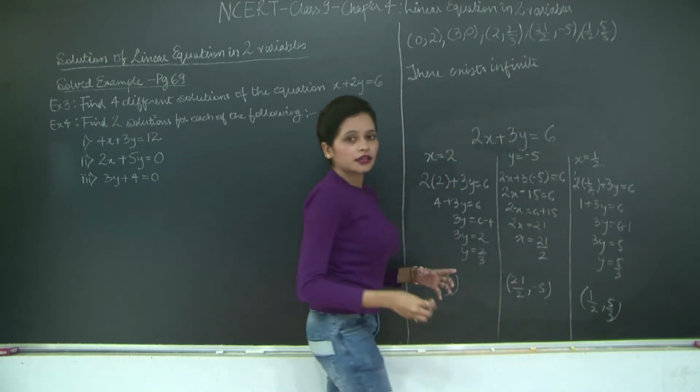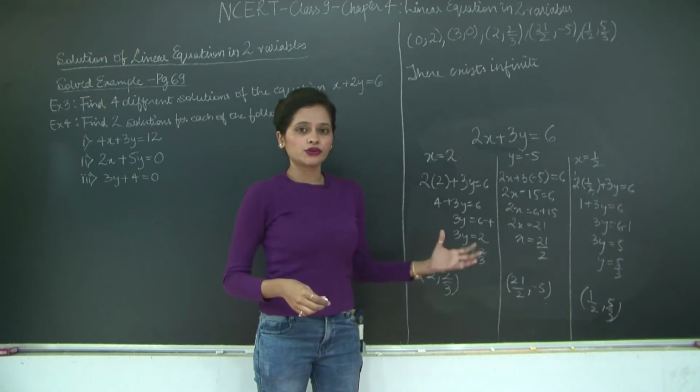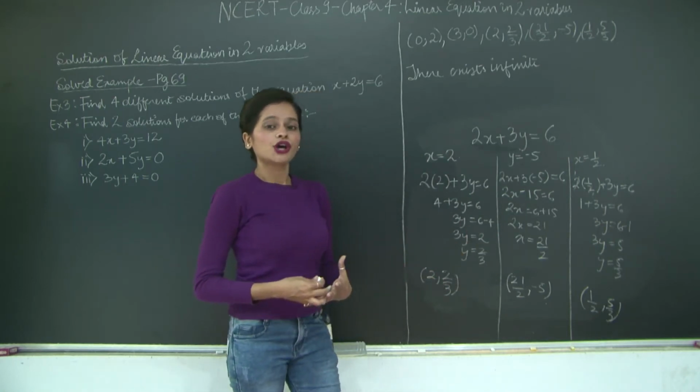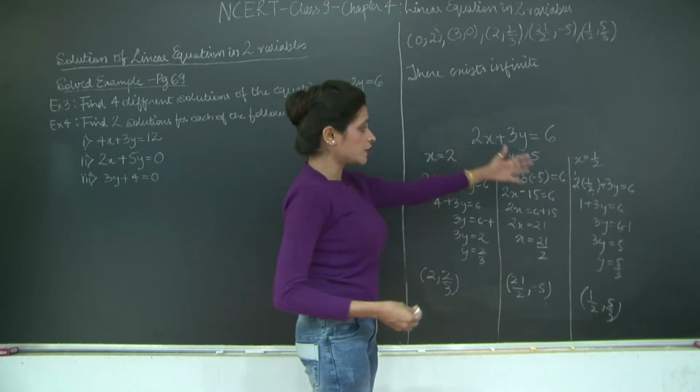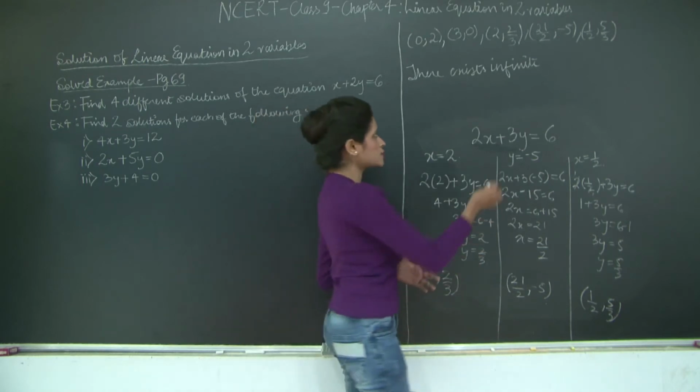In fact, I think in the introductory session, where I was just giving you an overview of the entire chapter, I did mention that there exist multiple solutions to linear equations in two variables. So here we have finally concluded the multiple could be infinite also.